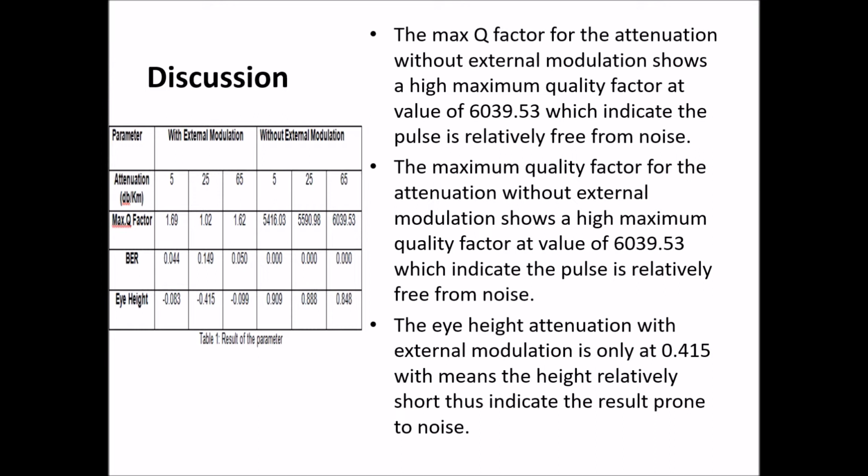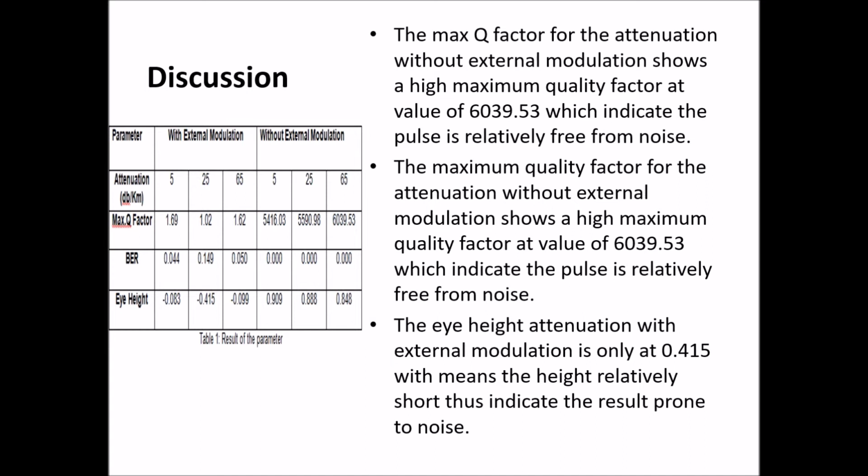On the other hand, the eye height attenuation without external modulation is 0.909, which is a longer height than the eye height with external modulation. Thus, the result is slightly more resistant to noise compared to the eye height with external modulation.